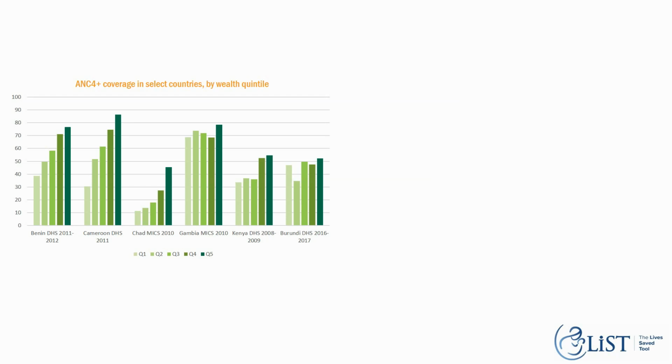Even though it's not always linear, as is the case in Gambia, the top wealth quintile always has the highest coverage. This is not necessarily true for all interventions always, but this is a very typical case where intervention coverage increases as financial accessibility increases also.